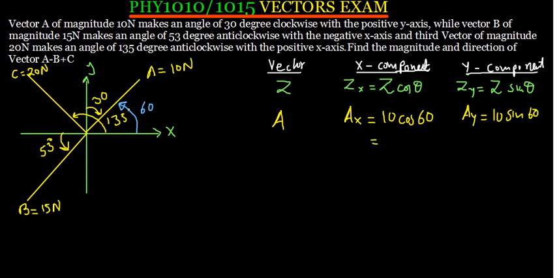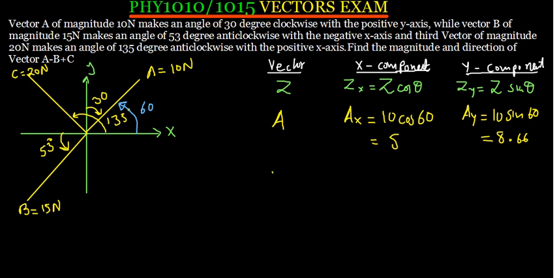Just punch this. Cos 60 is a half, so half multiplied by 10 is 5. Then for the y component, just punch 10 sin 60. That is going to give you 8.66. So that is the y component.